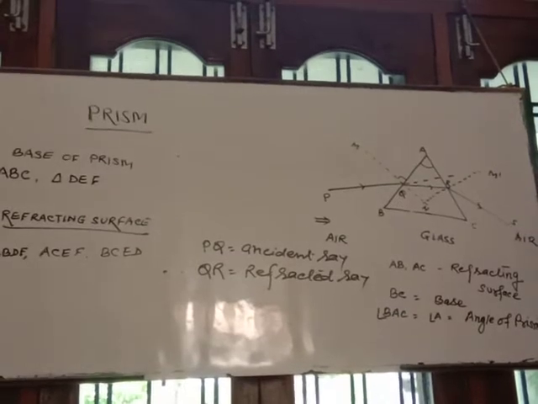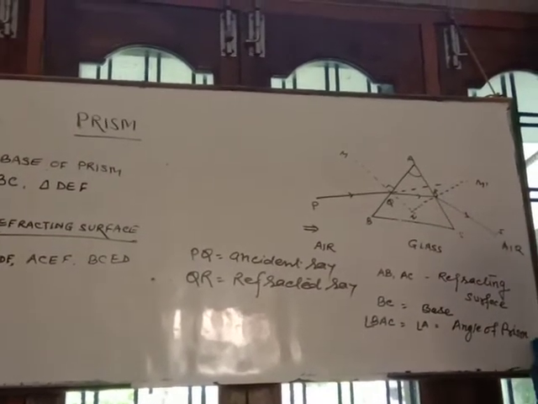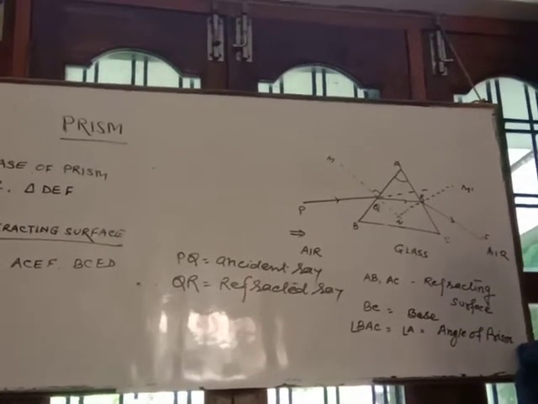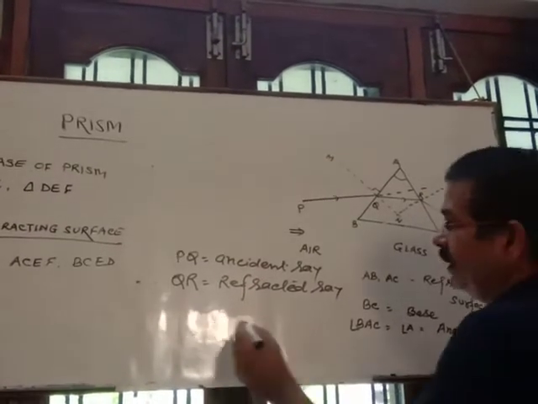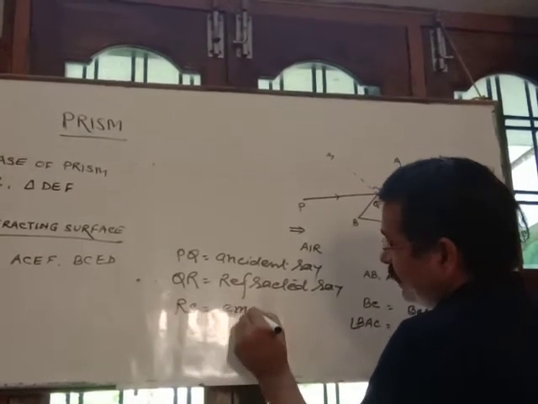RS is actually also a refracted ray, but here the first and last medium are the same, so light emerges into the same medium through which it is incident. That's why RS is called the emergent ray.